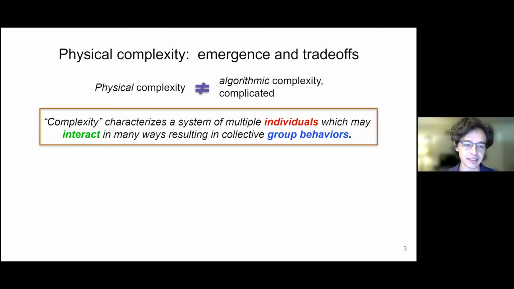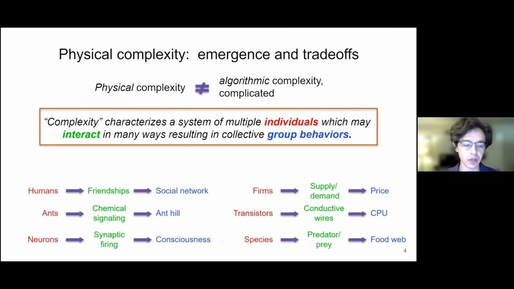And that is, complexity characterizes a system of multiple individuals which may interact in many ways, resulting in collective group behaviors. This is pretty abstract, but we can think of lots of examples from many disciplines which fall into this paradigm. For example, if humans are our individuals, friendships make up our interactions, and those collective group behaviors are manifest over our social network.